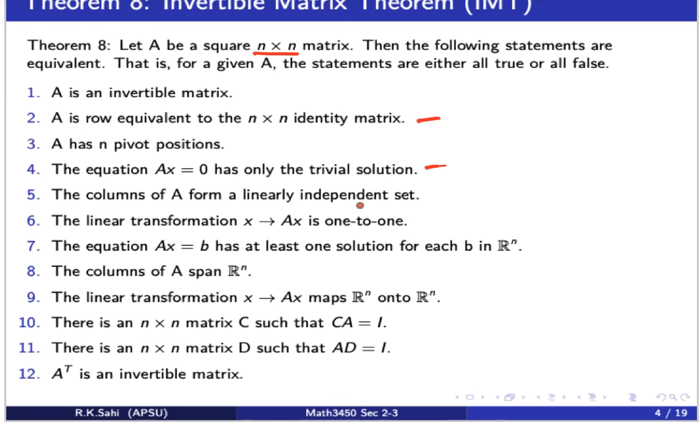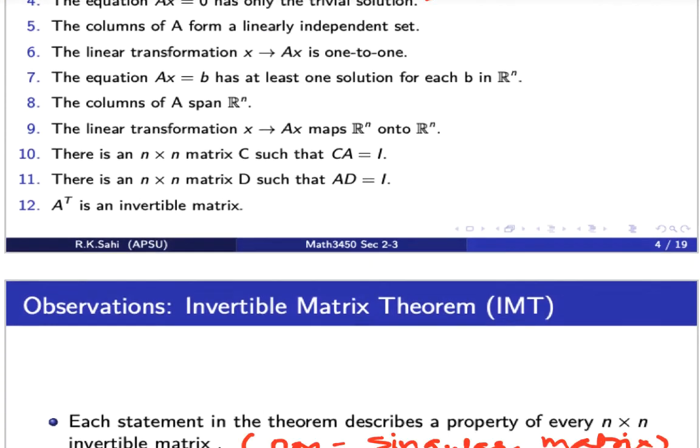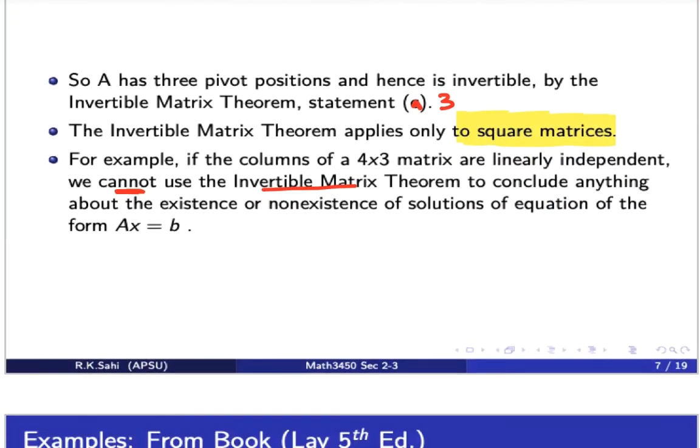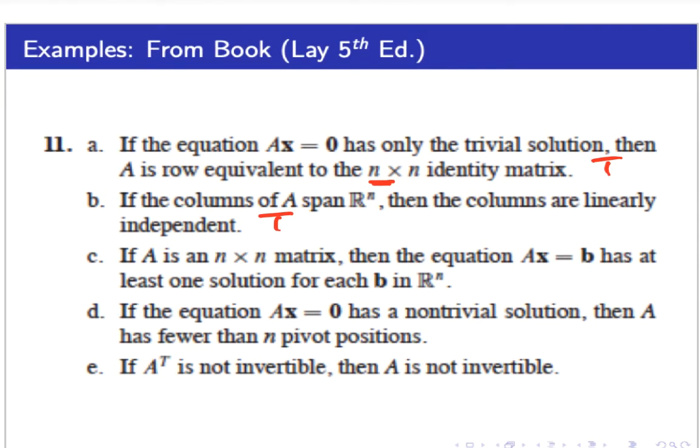They are part of the whole IMT team. So clearly if 8 is true, 5 is true also. Now let's go to part C. If A is an n cross n matrix, then the equation Ax equals b has at least one solution for each b in Rn.